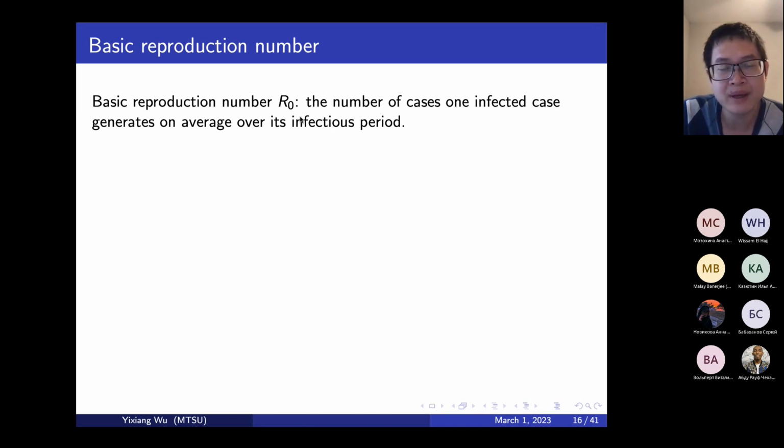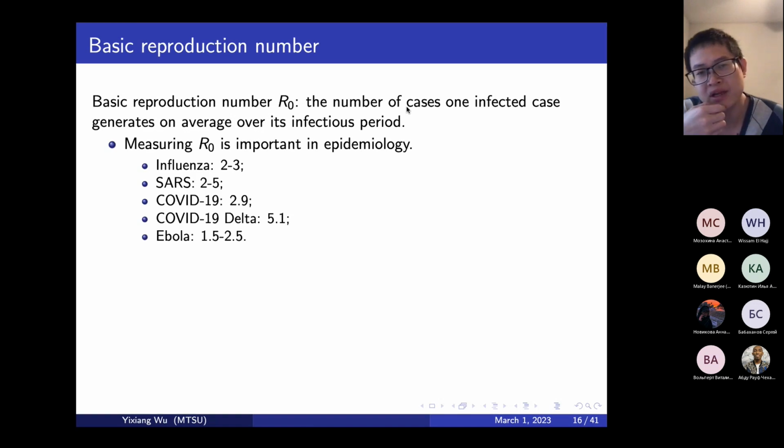Now we define the basic reproduction number R0. The basic reproduction number R0 is the number of cases one infected case generates on average over the infectious period. Measuring R0 is important, and here I'm listing R0 for some diseases.